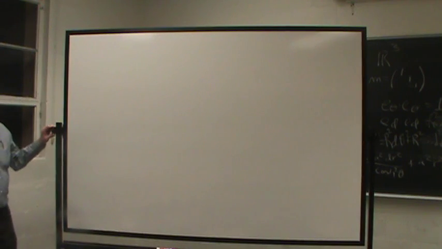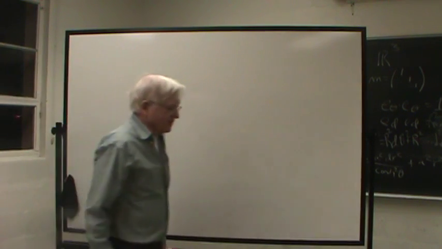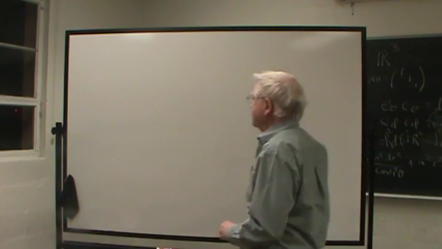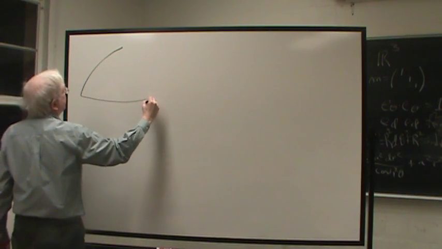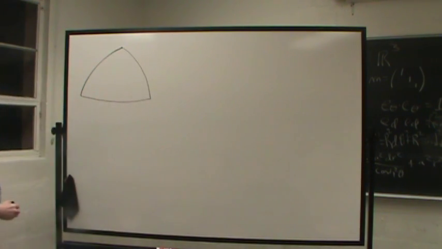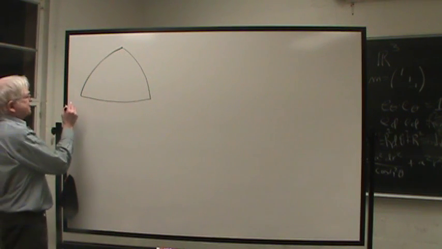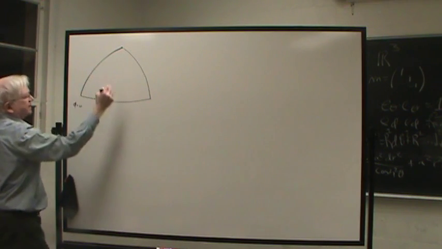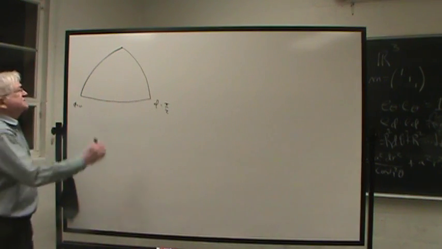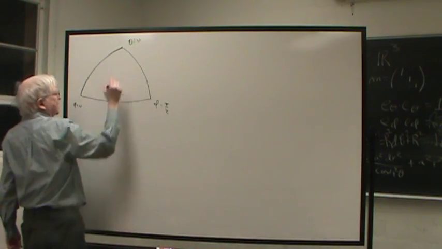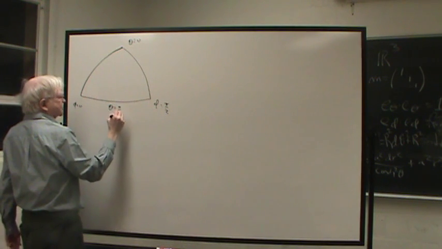So let's look at this, which is meant to be part of the surface of a sphere. This line is phi equals 0. This is phi equal to pi over 2. This is theta equals 0. This is theta equal to pi over 2.